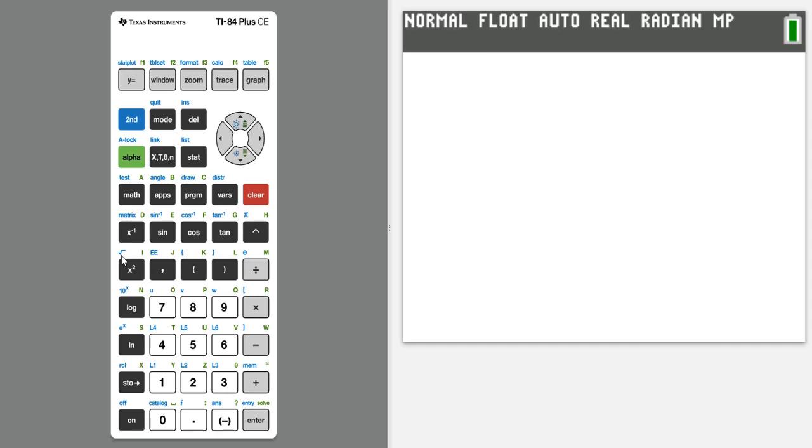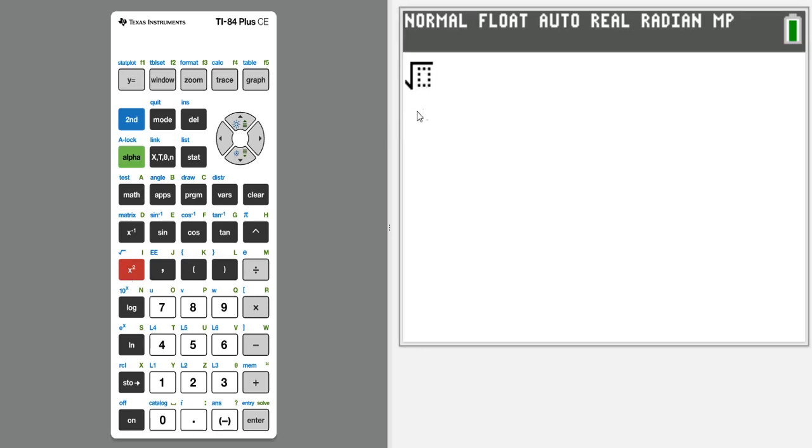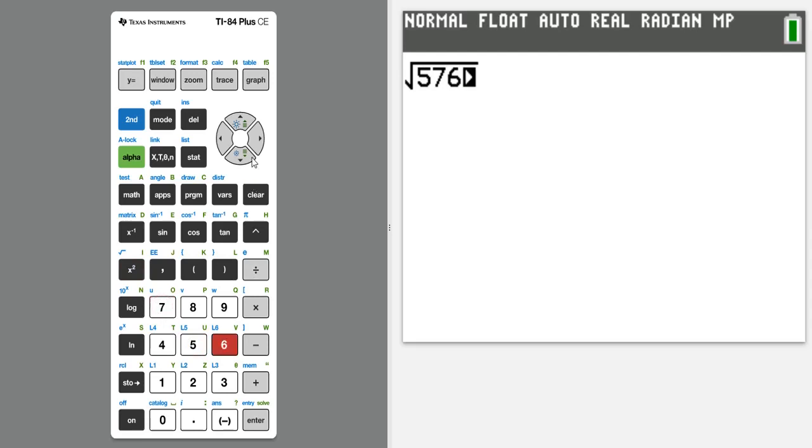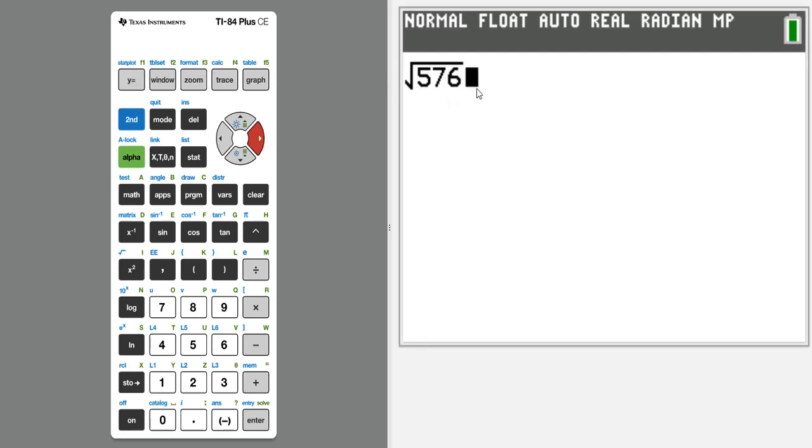If I want the square root button, which is in blue, first I have to hit second and then that square root button. Now you notice the box is blinking inside. I'm going to stay inside as long as I type unless I arrow out of that box. So I'm going to type in 576. Notice it's telling me to arrow out if I need to get out of it, and I do. So now I'm out of the square root by using the arrow button.